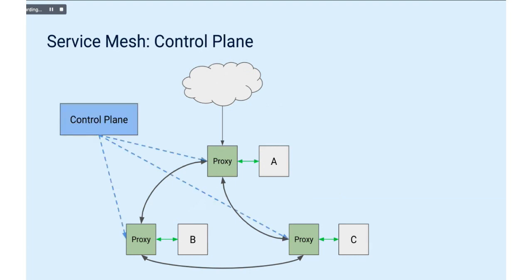What remains constant, and I mentioned this just a second ago, is the control plane. The control plane for Linkerd runs as a set of services and deployments in the Linkerd namespace, and it provides functionality that configures the proxies. It also provides functionality for being able to understand the performance of the application.